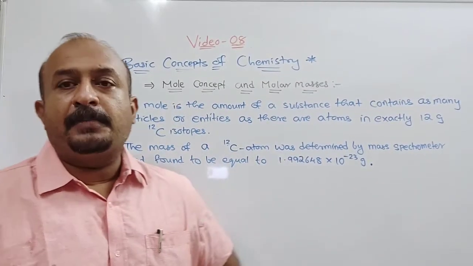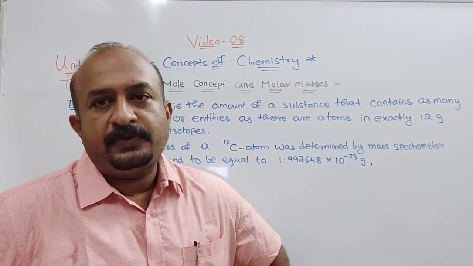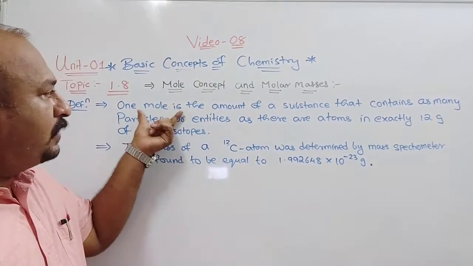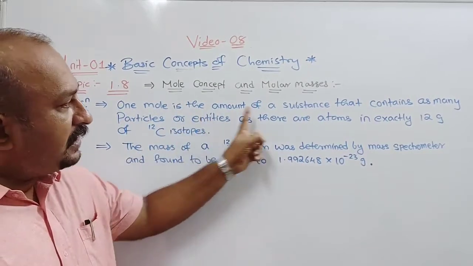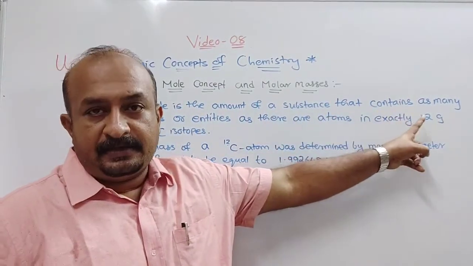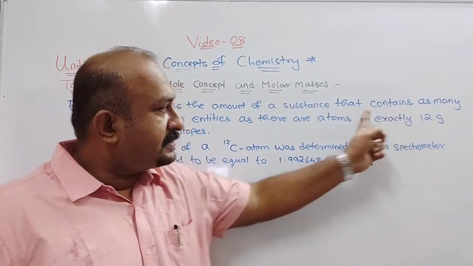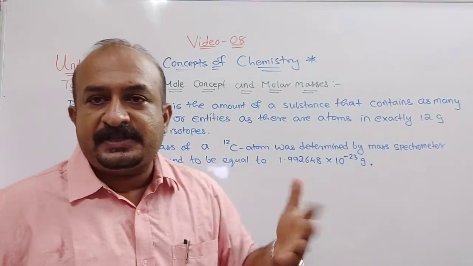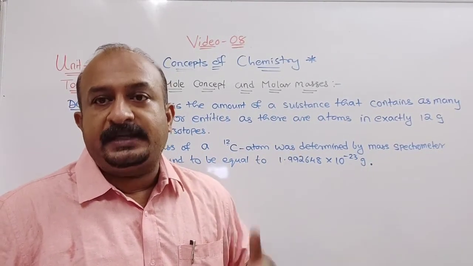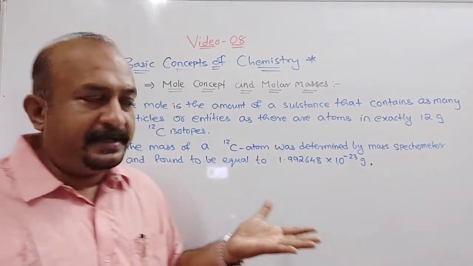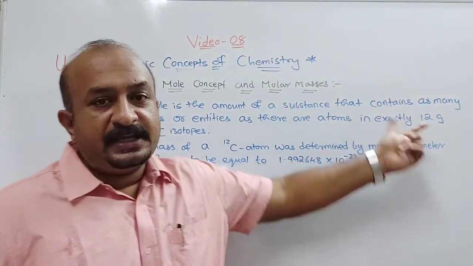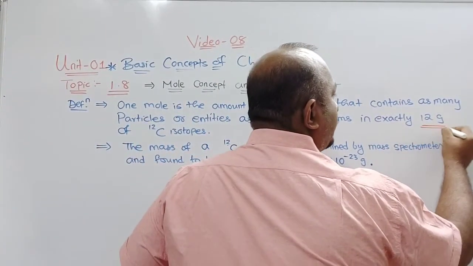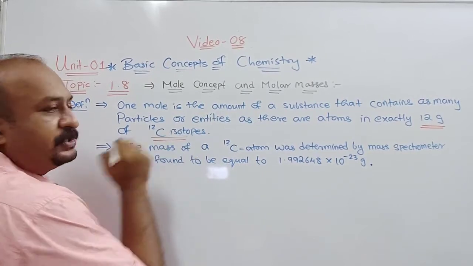Now, this is the next topic we are going to discuss, that is topic 1.8, mole concept and molar masses. Understood? Before that, you have to understand the definition of the mole concept. One mole is the amount of substance that contains as many particles or entities as there are atoms in exactly 12 gram of the C12 isotope.